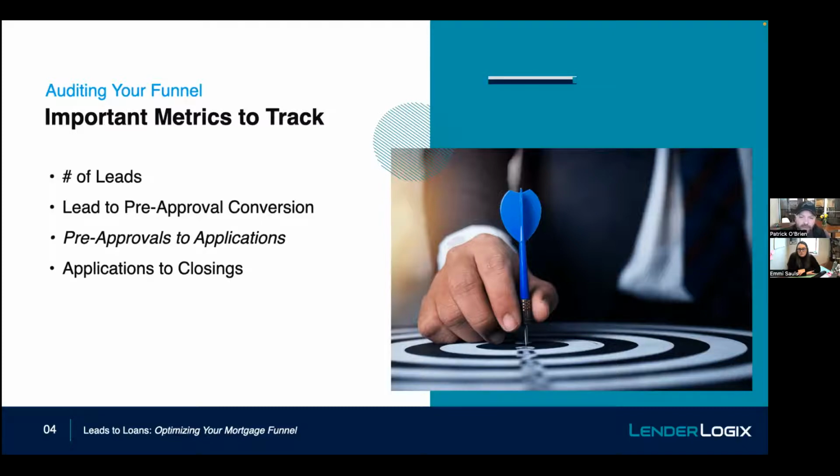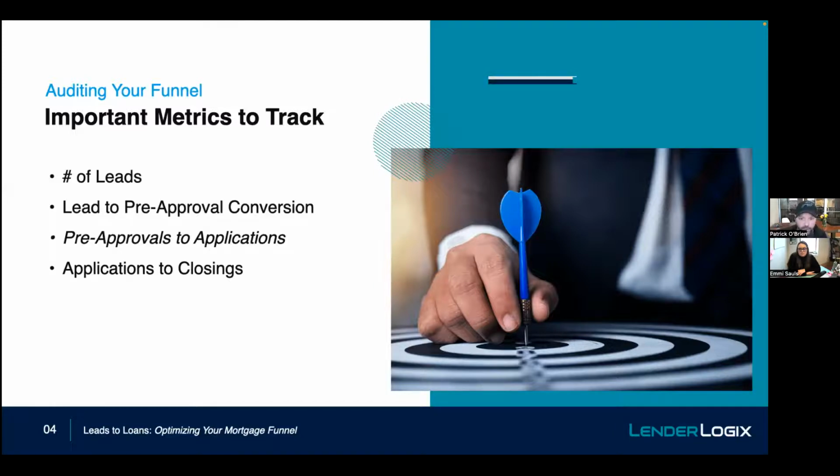So loan officers need to obsessively focus on those numbers. How many leads in a given month are you dealing with? How many leads in a given year? Equally important is the conversion rate. How many of those leads are we converting to pre-approvals or pre-qualifications?